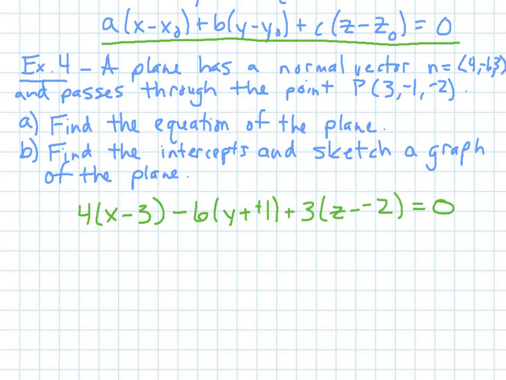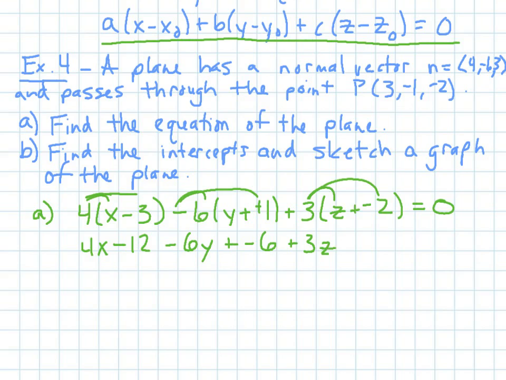Okay? Now, they want you to simplify this a little bit by multiplying through. So we're going to multiply the 4 through, and the negative 6, and the 3. So 4x minus 12, minus 6y plus negative 6, and then plus 3z, that'll be plus 2, so plus 6 equals 0.